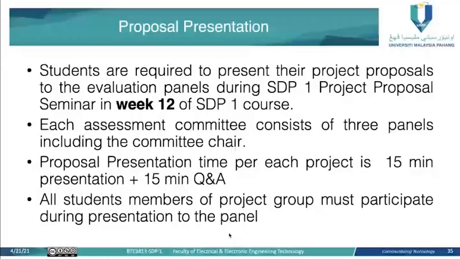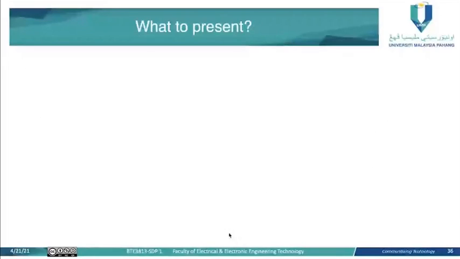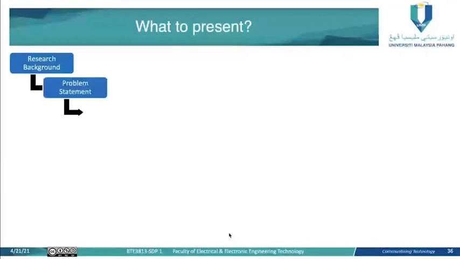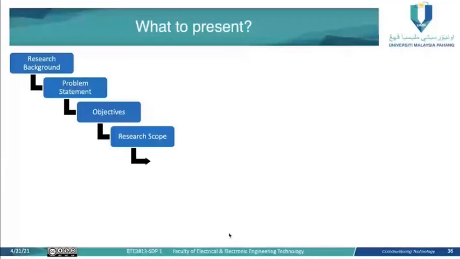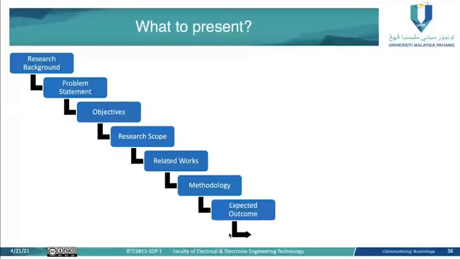All members should present. You can distribute the task among you. Then what to present? You need to present your research background, problem statement, objective, scope, related work, methodology, expected outcomes, and conclusion of your project.